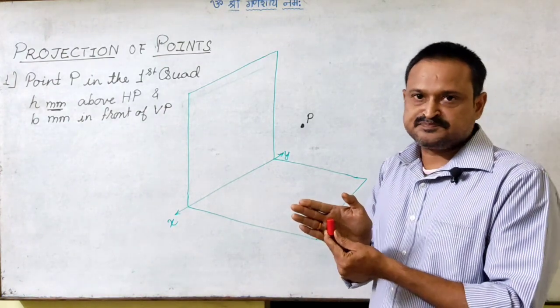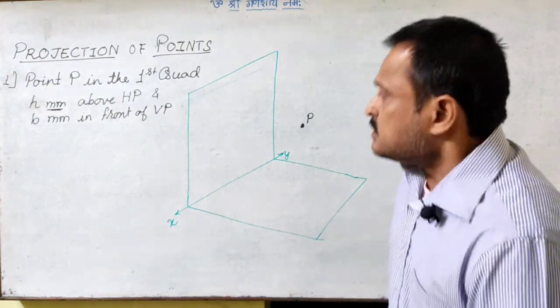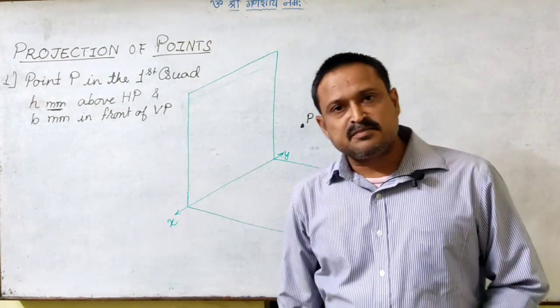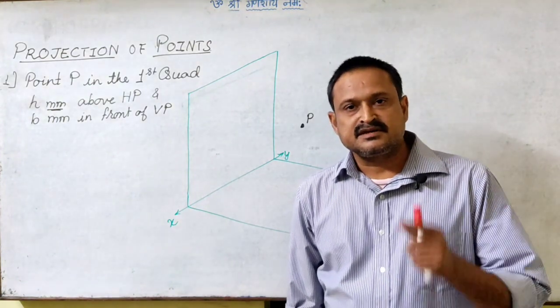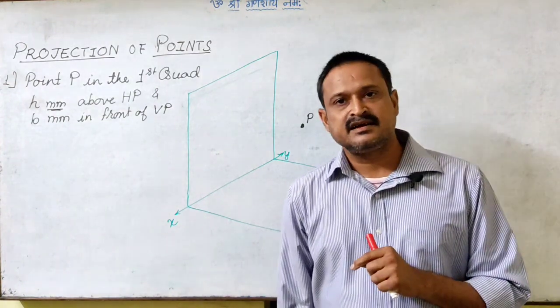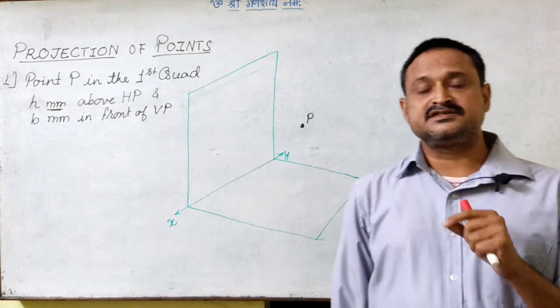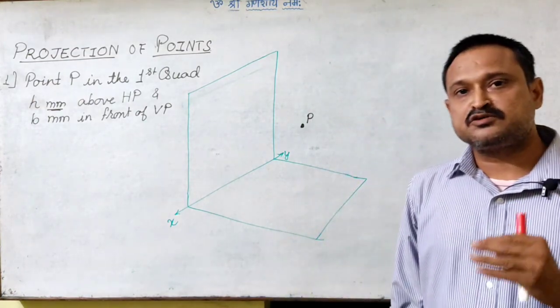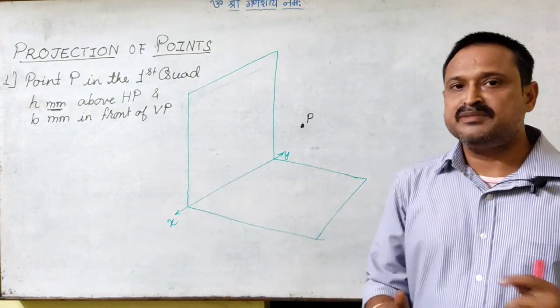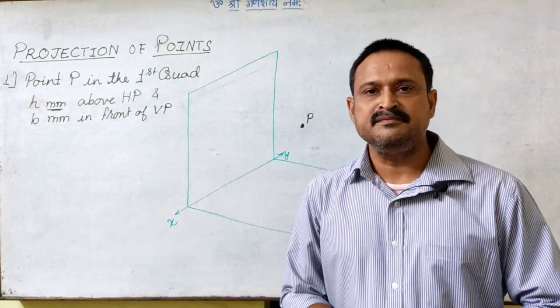Now, for orthographic projection, what is the condition of the projectors? The projectors must be parallel to each other and the projectors must be perpendicular to the plane on which we are taking the image. And how many images are we depending on?